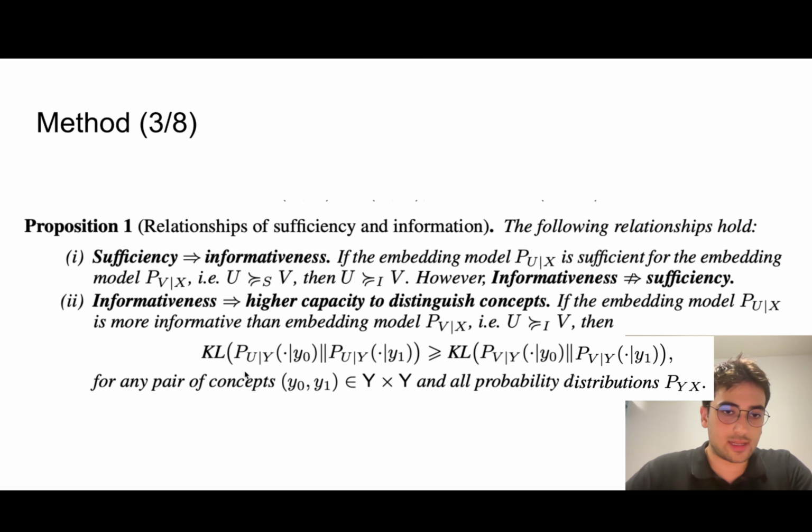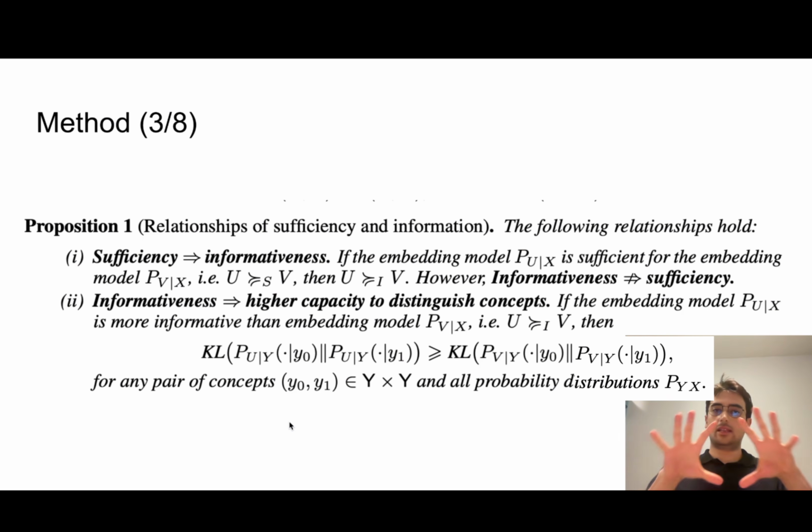So it tells that between two concepts, let's say age group 5 and age group 10, when you look at, let's say you have the data, right? And you converted them to embeddings. For two different concepts, age group 5 and age group 10, the KL divergence of those groups is more different in U embeddings, because there's too much information. Intuitively, of course, there's a mathematical proof of it.